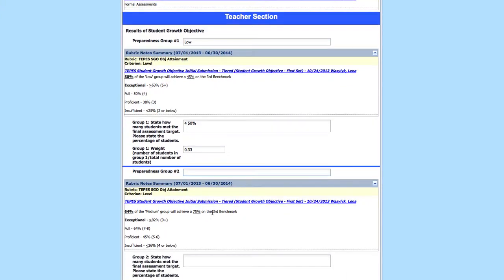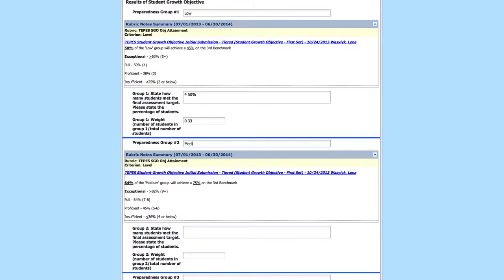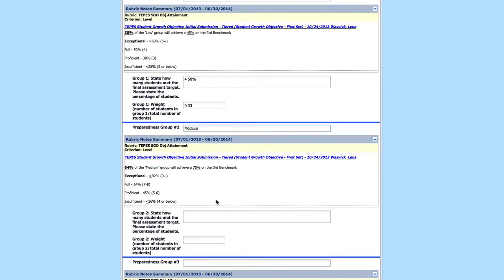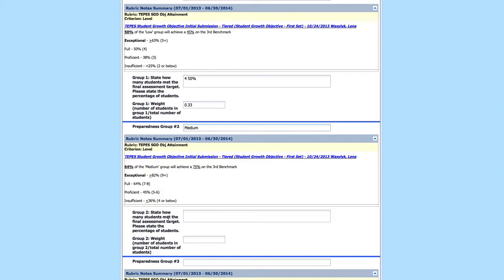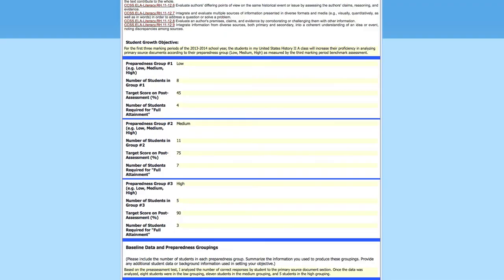Preparedness group 2 will move on, and we'll label this medium, and we'll see how many students met the final assessment target. Let's say 7 students met the final assessment target. So I've got to see in the medium group how many kids are in this group, and we have 11.